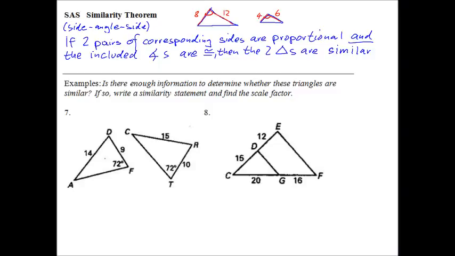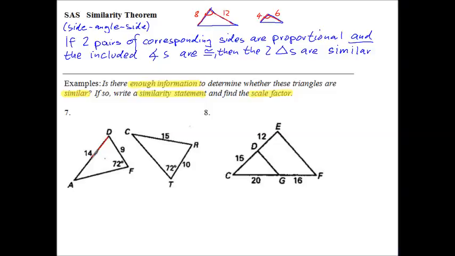Let's work through these last two examples. Is there enough information to determine whether these triangles are similar? If so, write a similarity statement and find the scale factor. And we are going to look at our first two triangles. We have two given sides.